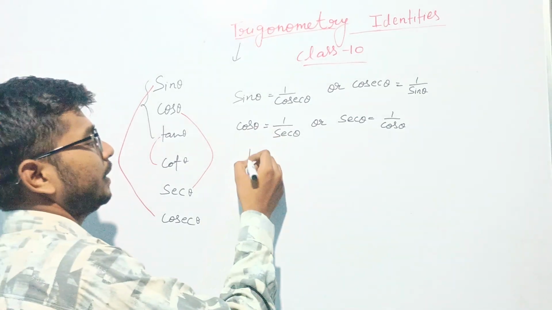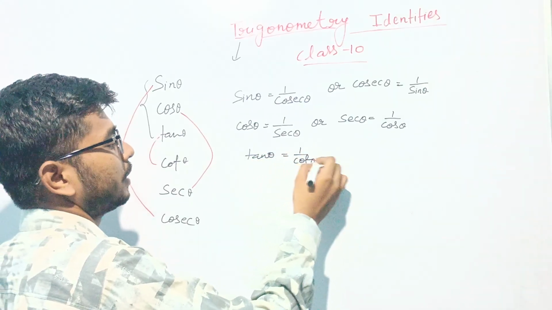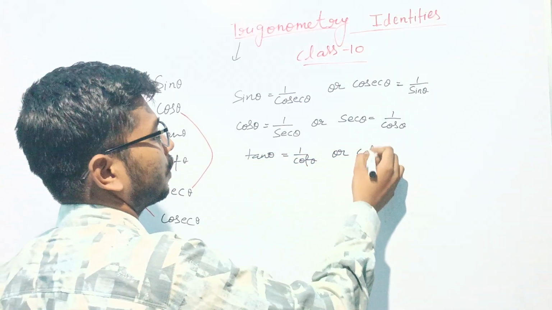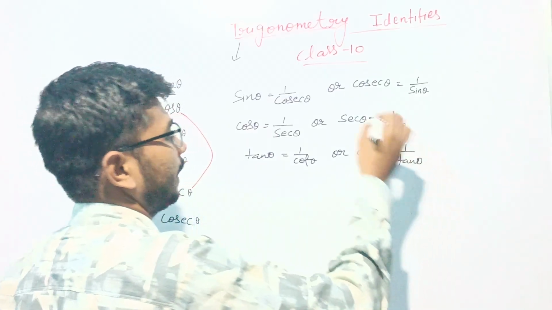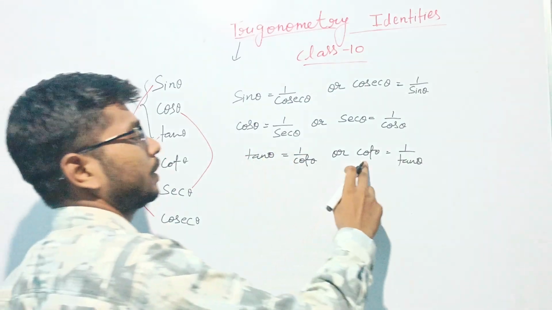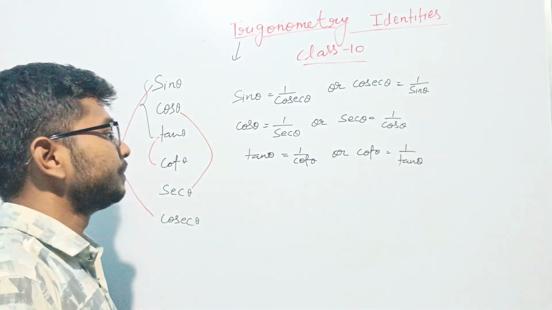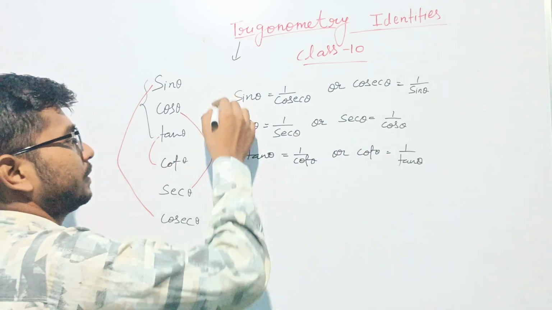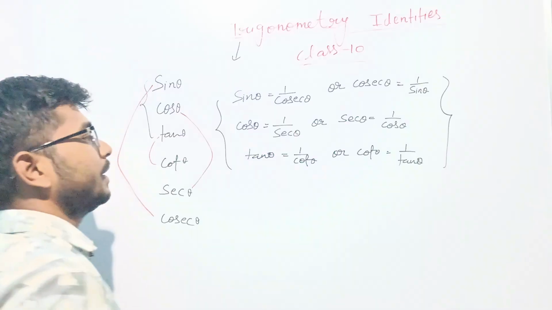Similarly, tan theta is equal to 1 upon cot theta, or cot theta is equal to 1 upon tan theta, right? So these formulas we have to learn to solve trigonometric identities.